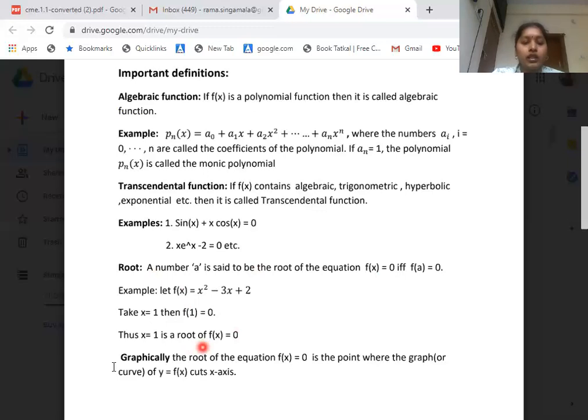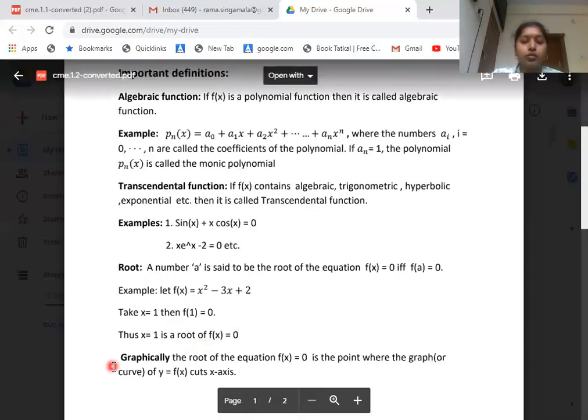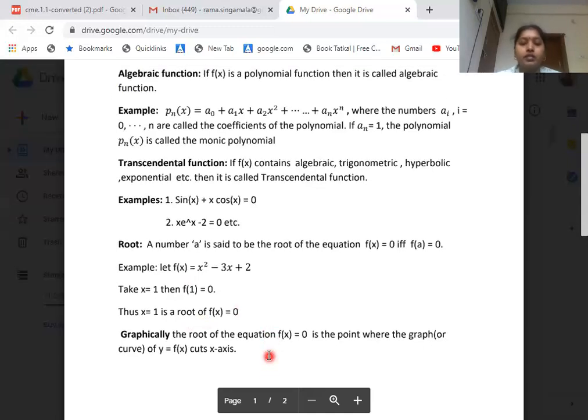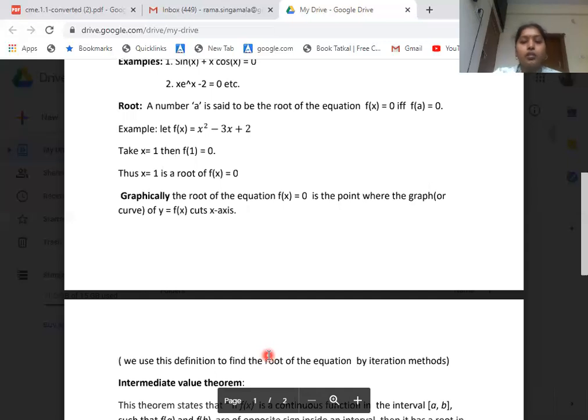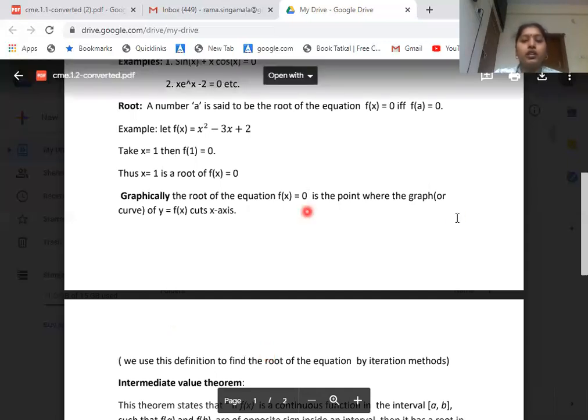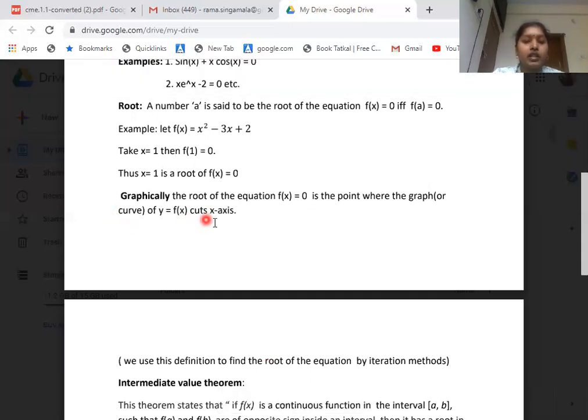So, here in iterative methods, in numerical methods, we need to use its graphical meaning. Graphically, the root of equation f(x) = 0 is the point where the graph or curve of y = f(x) cuts x-axis. That means we should remember that if graph of y = f(x) cuts x-axis, then only there will be a root of the equation.